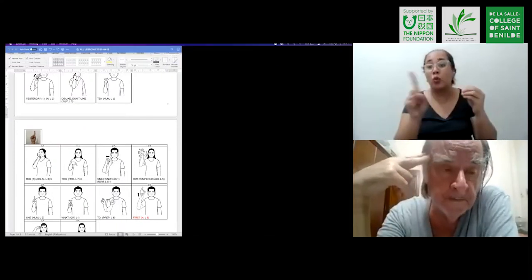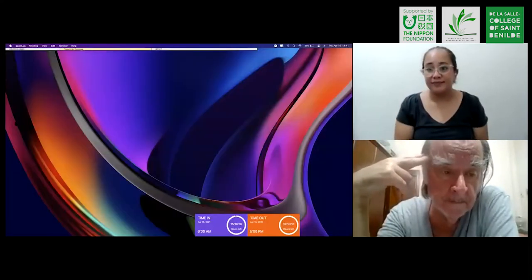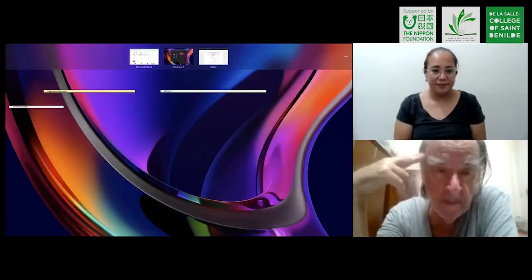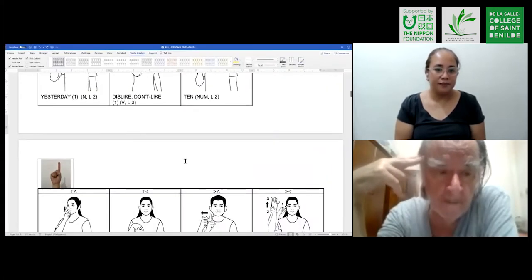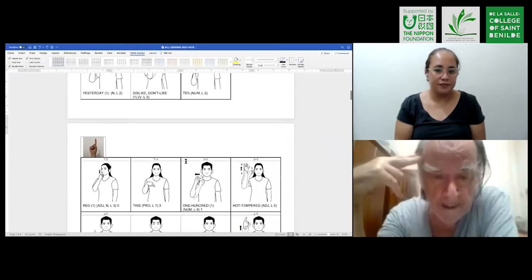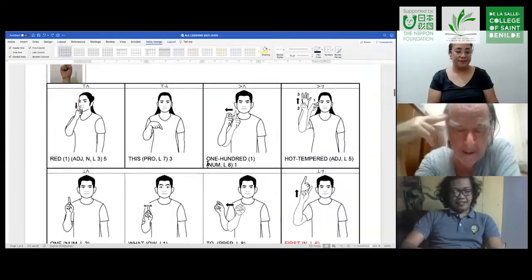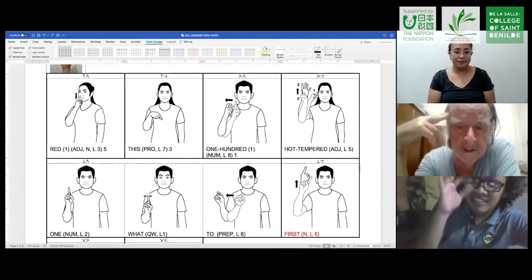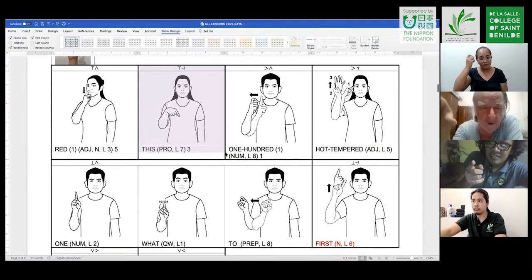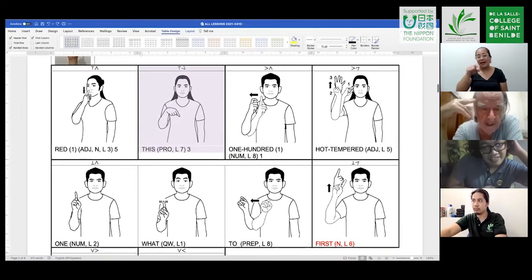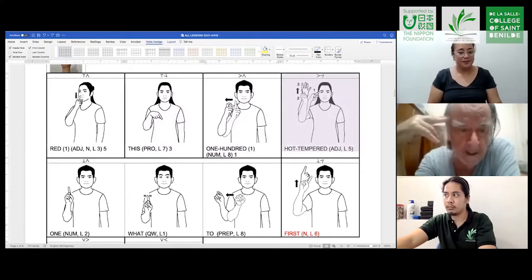And if you do it in the same hand shape, you have to come to an agreement on the orientation. So hot tempered seems to be a question you're going to have to deal with.